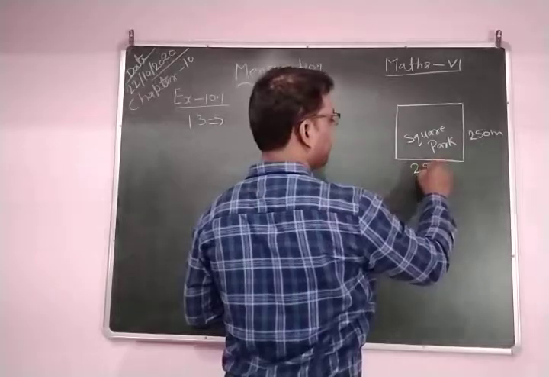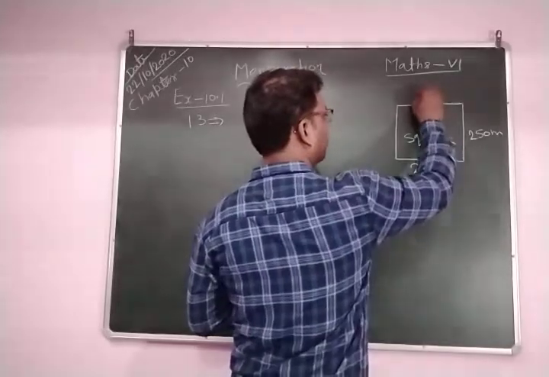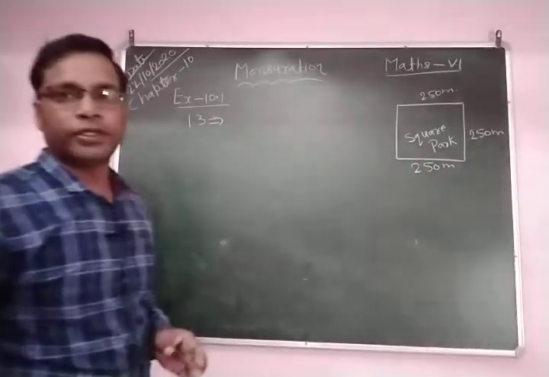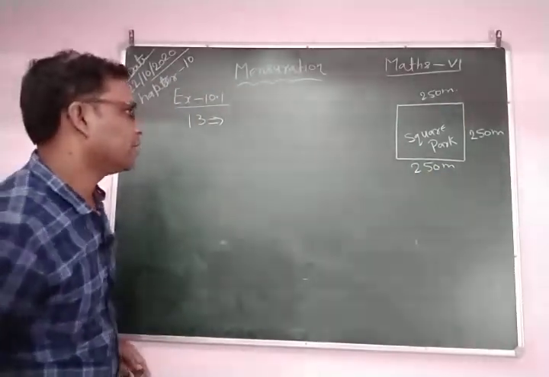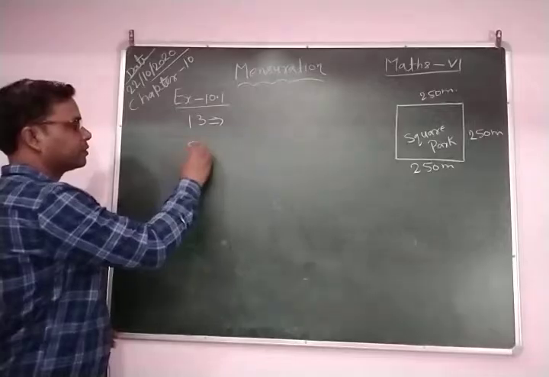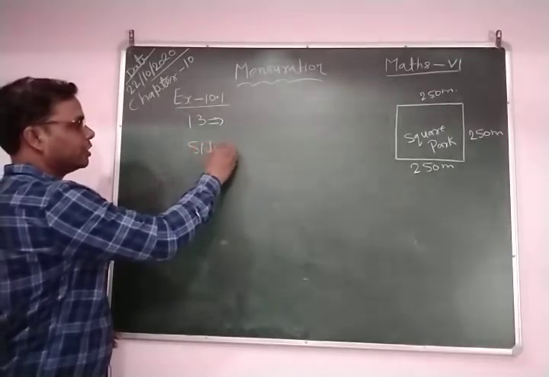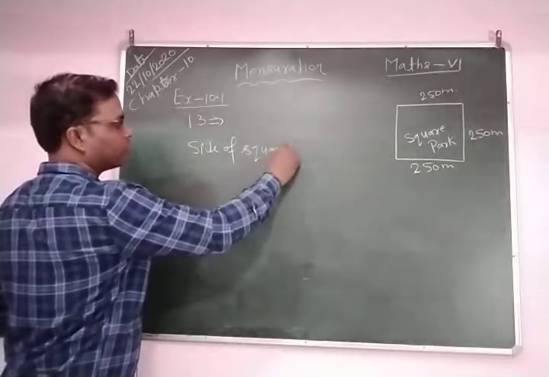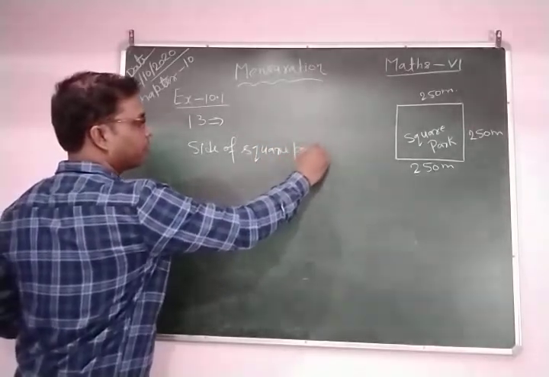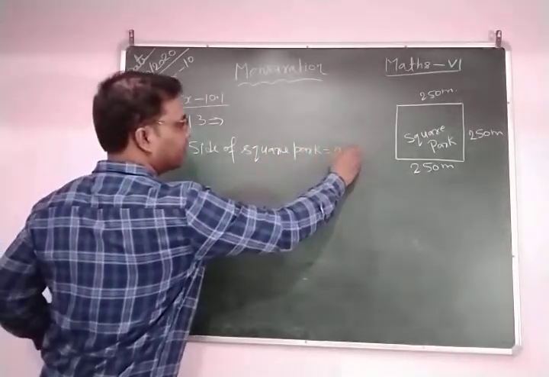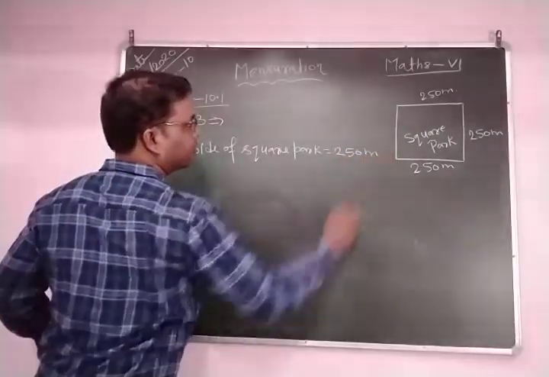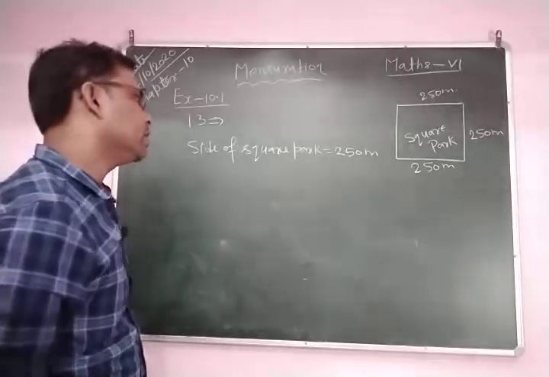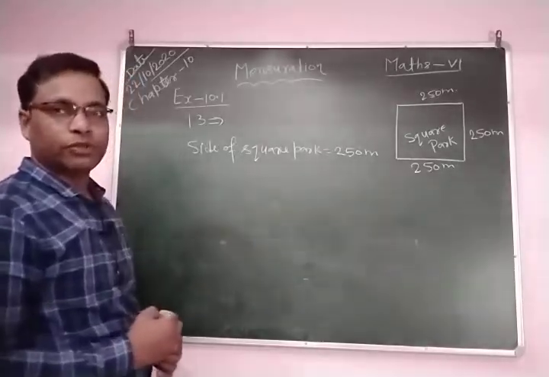You know very well that all sides of a square are equal. So it is given that the side of the square park is 250 meters. You need to find the perimeter of the square park.